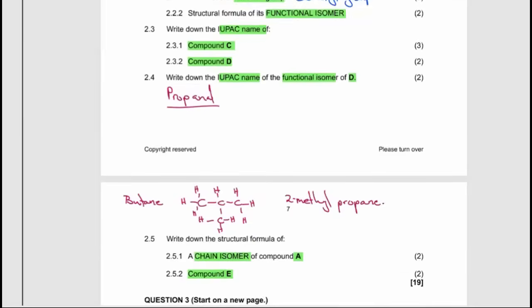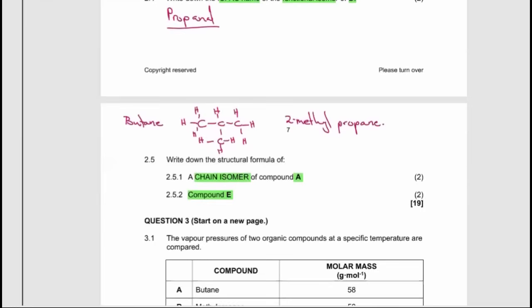If it's butanoic acid, we have a total of 4 carbons: 1, 2, 3, and then 4. To make it an acid, it must have a COOH, which is our carboxyl group. So this is the final part. Then after that, we add our hydrogens like that.